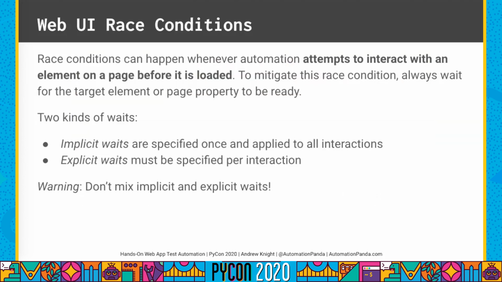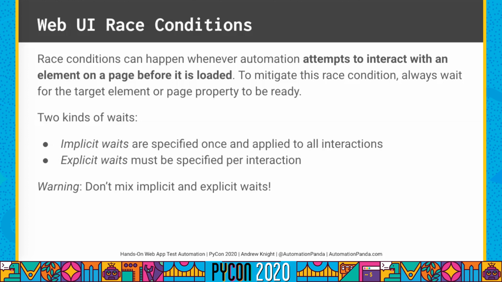With web UI testing, race conditions can happen whenever automation attempts to interact with an element on a page or an attribute of a page before it is ready. To mitigate this race condition, we should always wait for the thing on the page to be ready, whether that's an element to appear or a property to change.